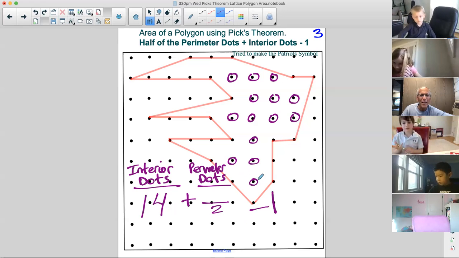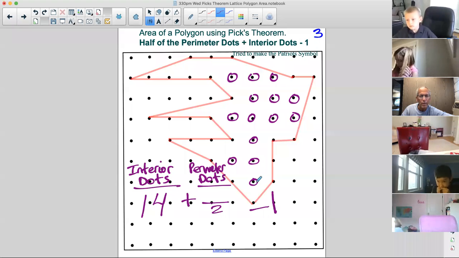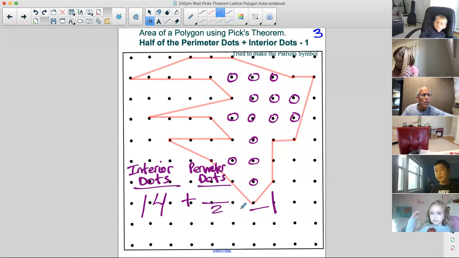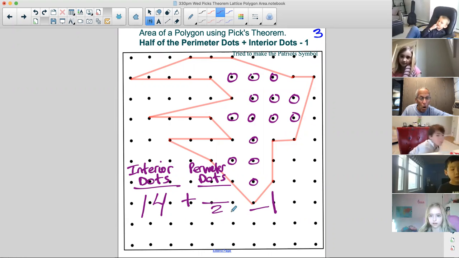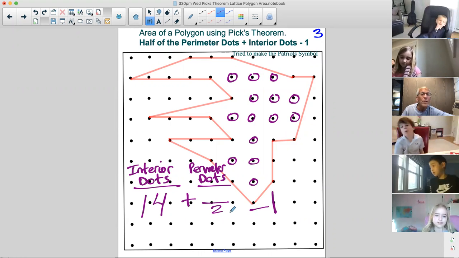Did anybody get the same answer? Anybody else? Tess, did you get the same answer? Raymond, Sabrina, Aaron? The same answer. All right. Now, what did you get for the perimeter dots?